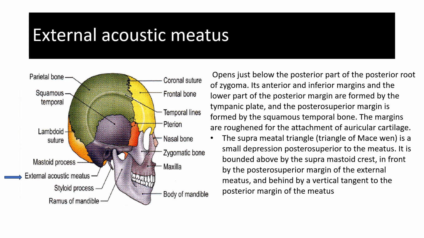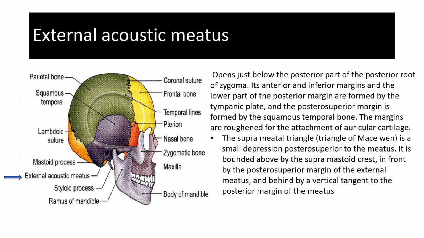And the next feature is the external acoustic meatus. First of all, it opens just below the posterior part of the posterior root of the zygoma. So this is its position related to the zygomatic arch.